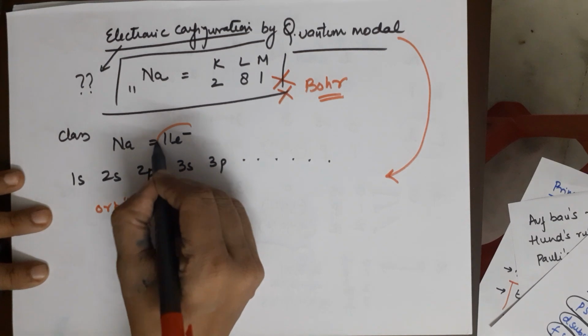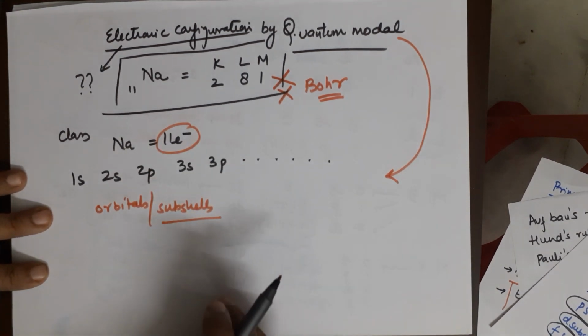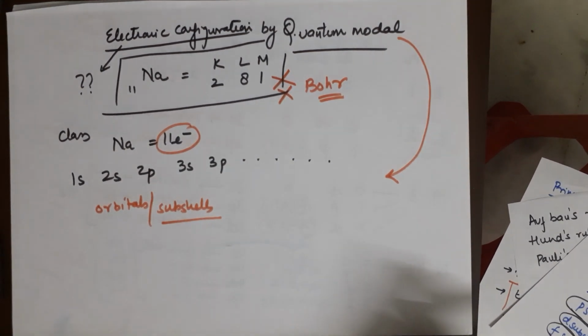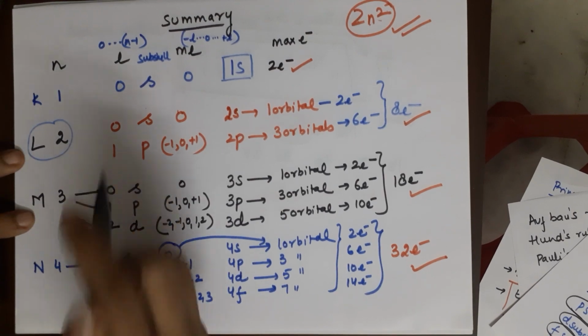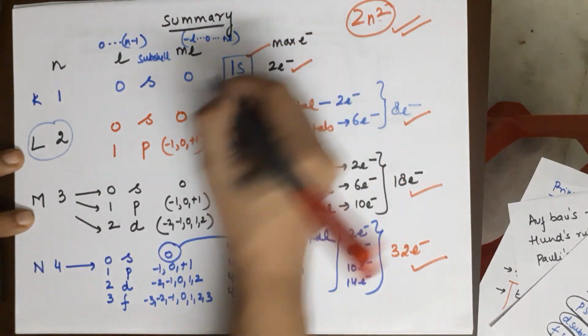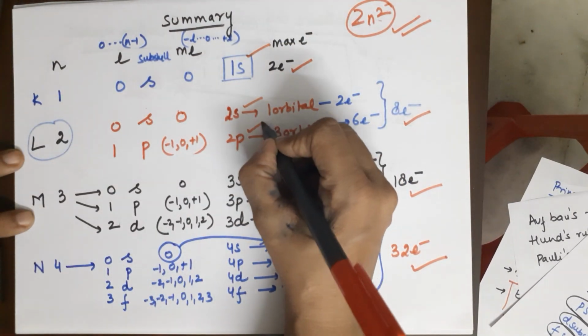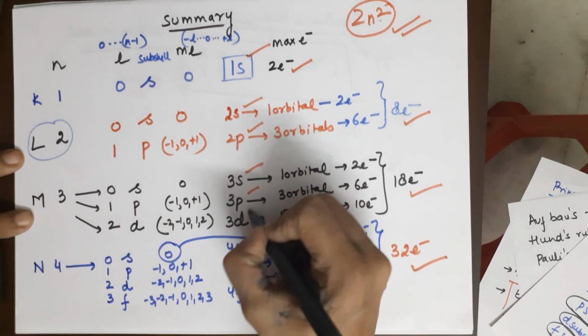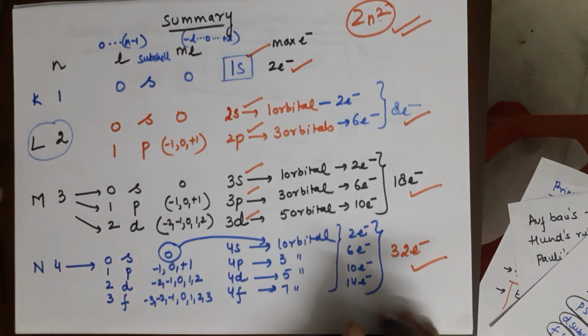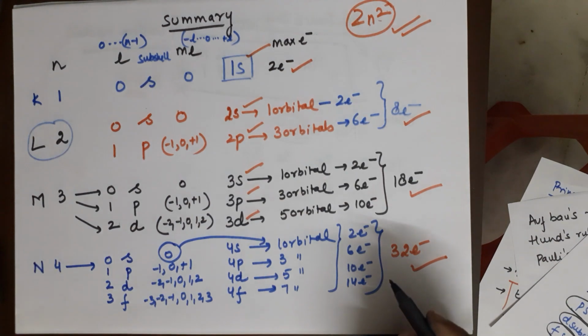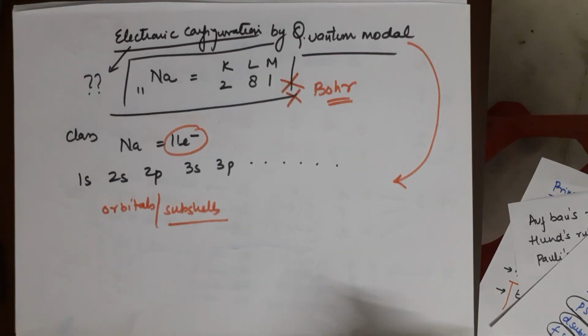So if I have 11 electrons and I need to fill them up, as you very well know, the first shell has only 1s, second has 2s and then 2p, third has 3s, 3p and 3d and so on. So using these orbitals and subshells, we will now have to write down the electronic configuration.